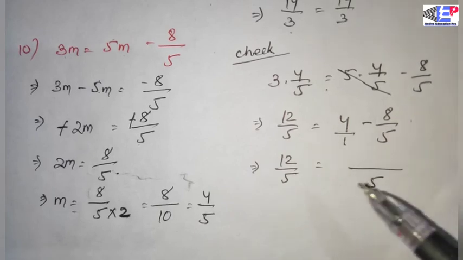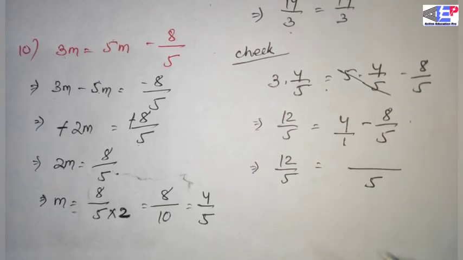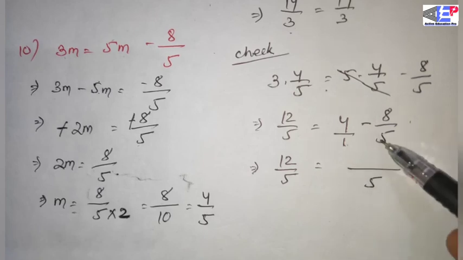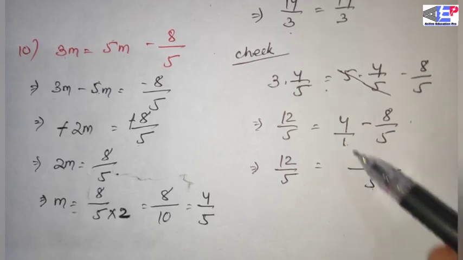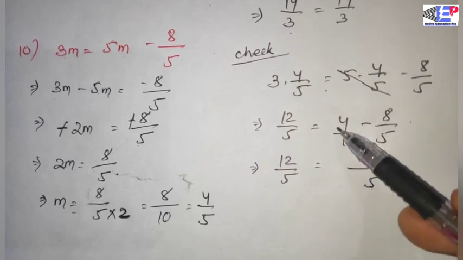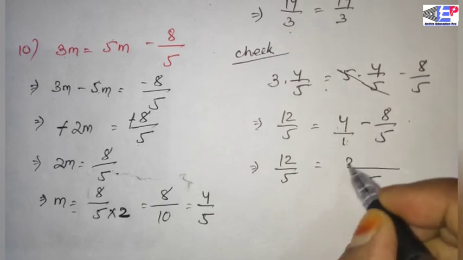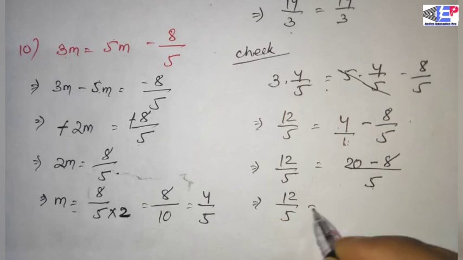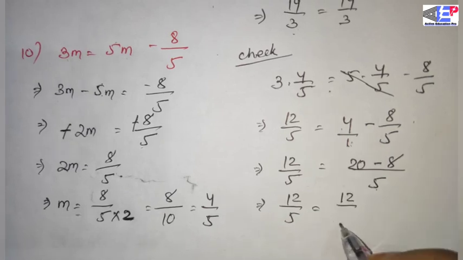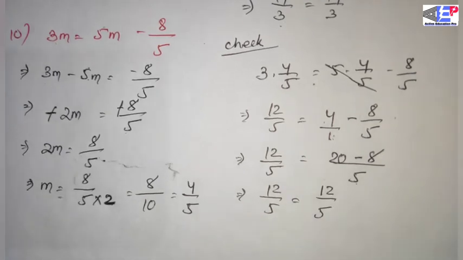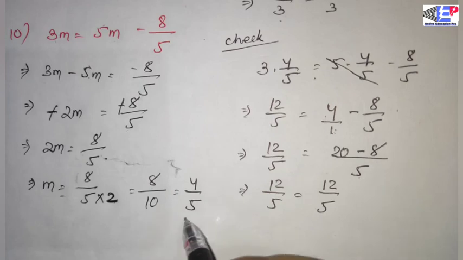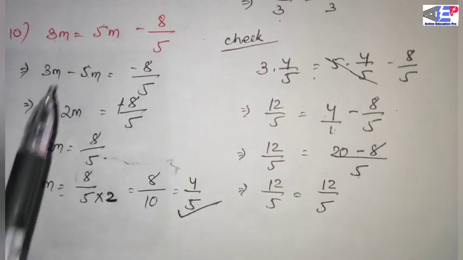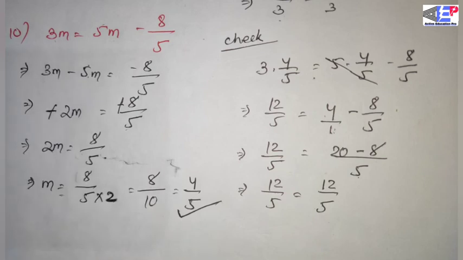No number as the denominator means 1 is the denominator, and take the LCM of 1 and 5, and the LCM is 5. Then divide by 1, 5, and multiply with the numerator. 5 into 4 is 20 minus 8. 12/5 is 12/5. LHS is equal to RHS. So the value of m is 4/5, which justifies the equation.